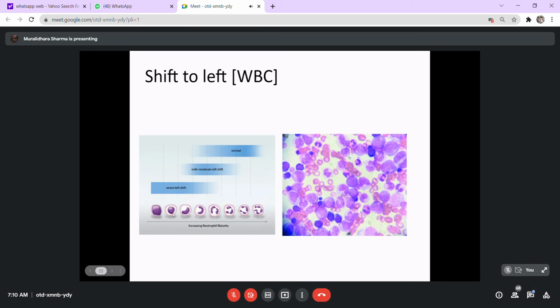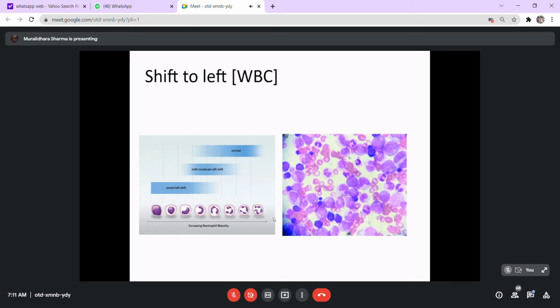When you have more WBCs with fewer lobes, fewer than 2, or WBCs with an intact globular nucleus or comma-shaped nuclei, then we say that immature WBCs are coming through. When you have more immature WBCs, we say that there is a shift to the left. When there are more hypermature WBCs, we say it's a shift to the right.